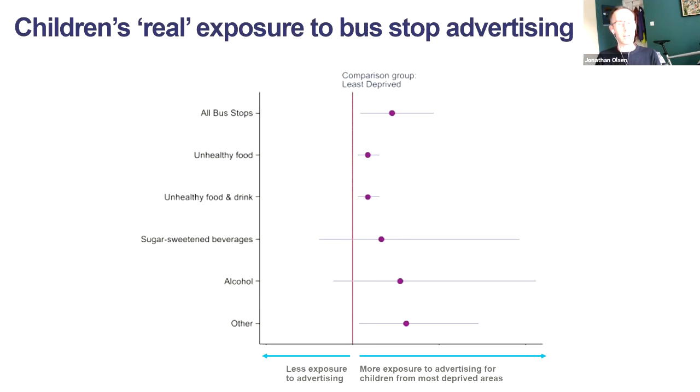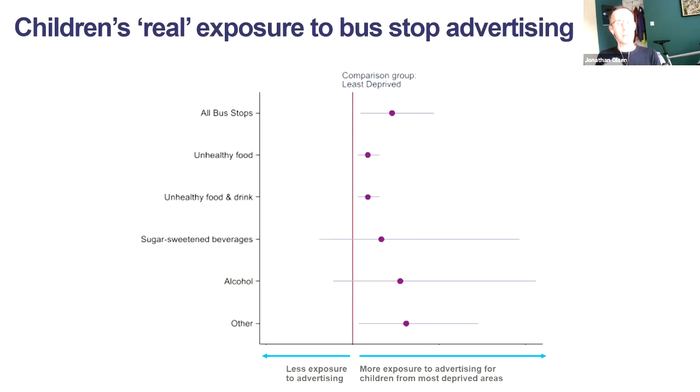So what's really important to show here is that children from the most deprived area compared to the least deprived area have greater exposure to bus stop adverts, so the wider transport network, also unhealthy food and unhealthy food and drink product advertising.